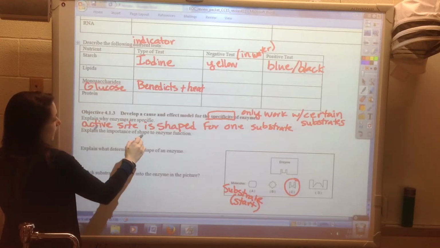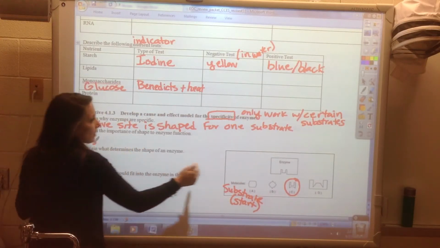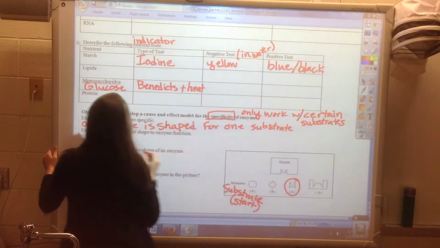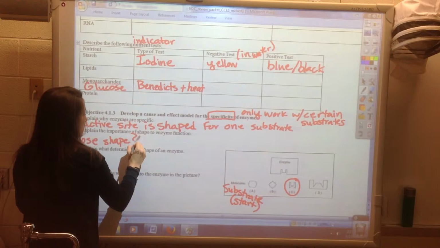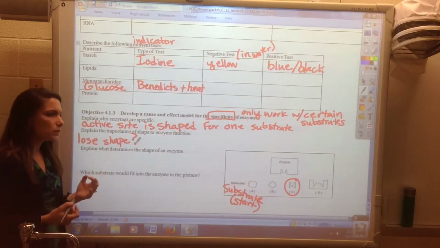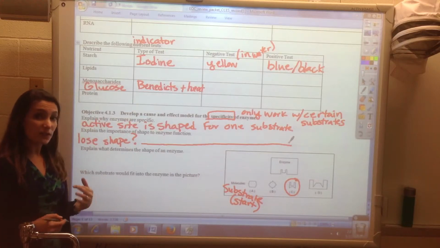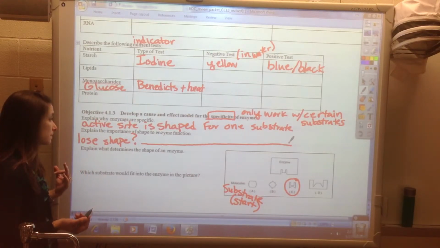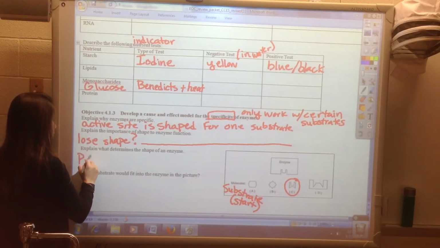When it says explain the importance of the shape, I want you to answer what will happen if we lose the shape. What will happen if we lose the shape? And so this, I need you to answer. What happens if the shape changes? Now this shape is determined by the protein.